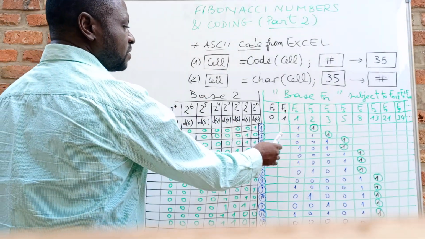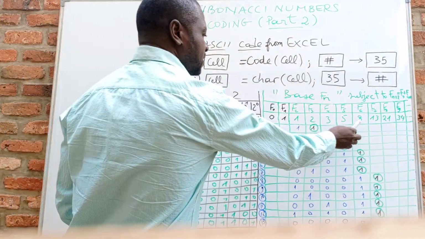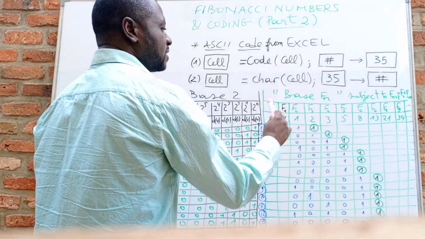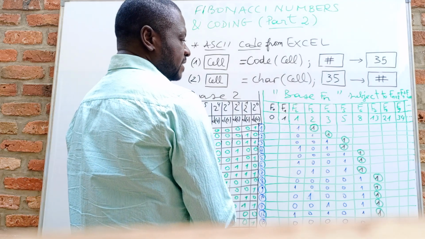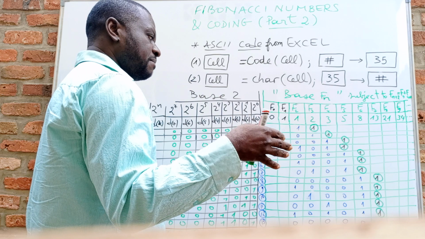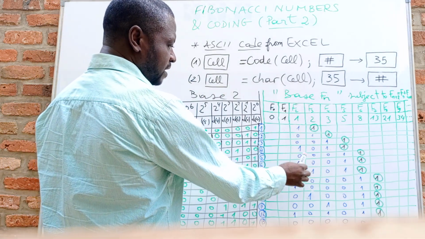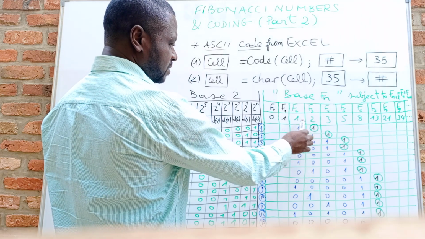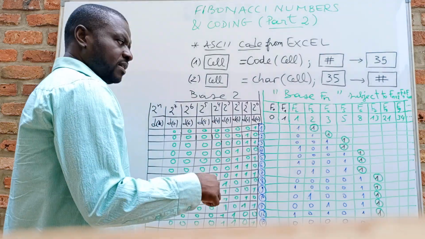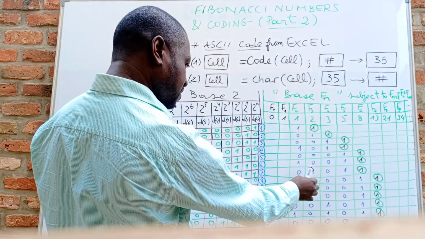Number 4 is not in the sequence, so we can express it in terms of numbers which are in the base, such that there are no two following ones. So for 4 we have 1 0 1, because 1 plus 3, which are in the base, gives 4. Number 5 is in the base, so we should only have 1.